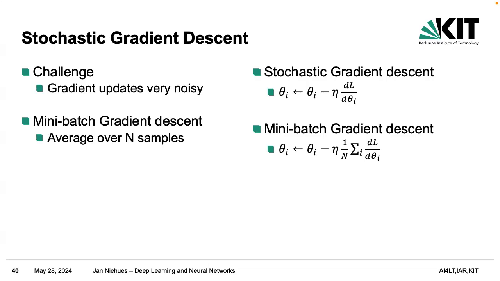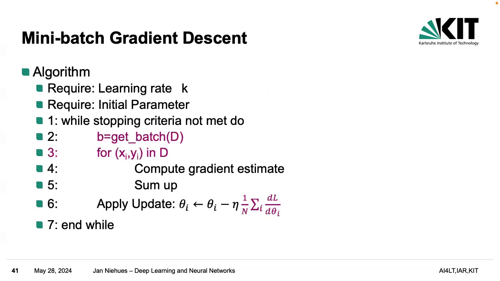So if we want to do that by the algorithm, what we have to do is, as seen here, so we always get some type of batch. So we have to select some subset of our training data. Then we are going over all the examples in the subset. We're computing the gradients, we're summing them up, and then we're doing here the update rule where we average over the gradients that we have.